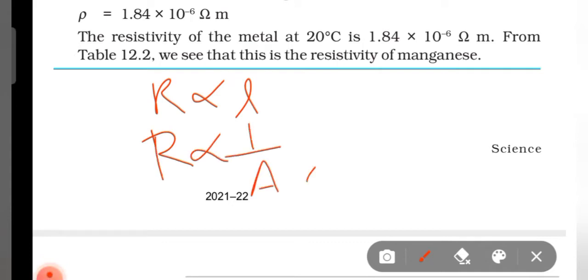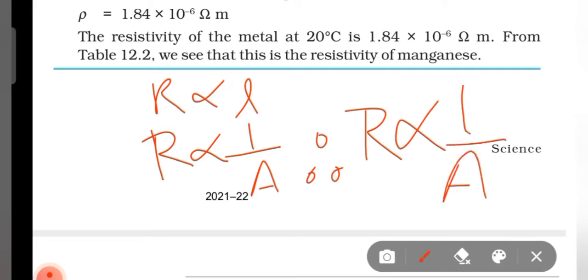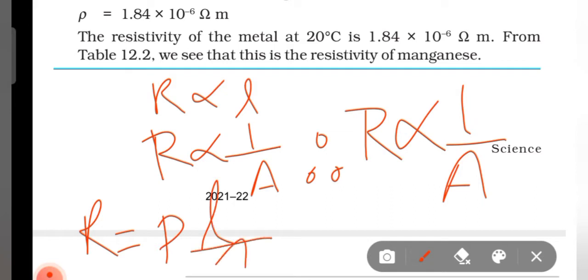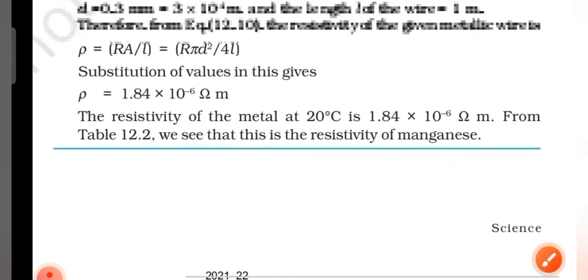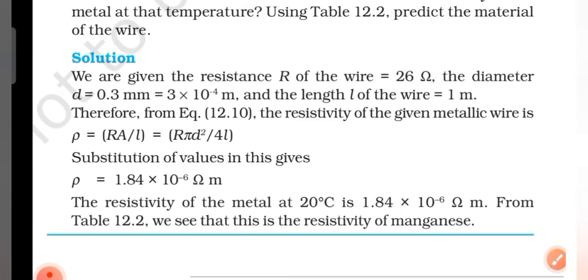So with this you can conclude that R is proportional to L upon A, and you have taken out the formula R equals rho L by A. This only they have multiplied here, rho equals RA upon L. I hope you have understood this.